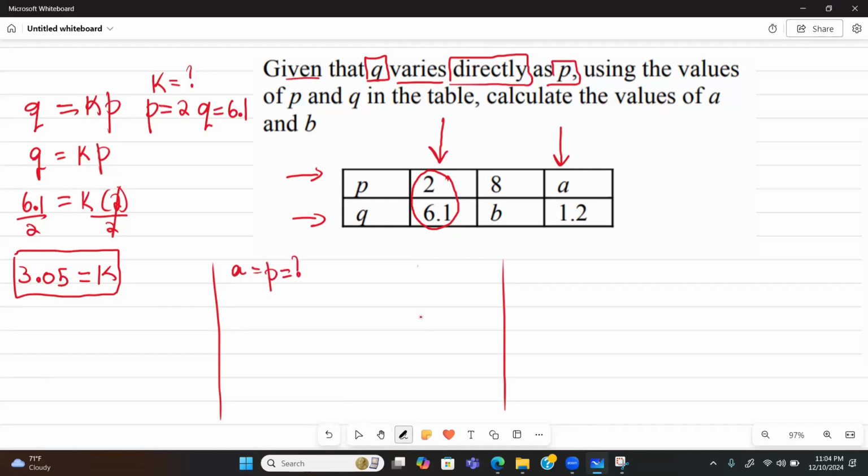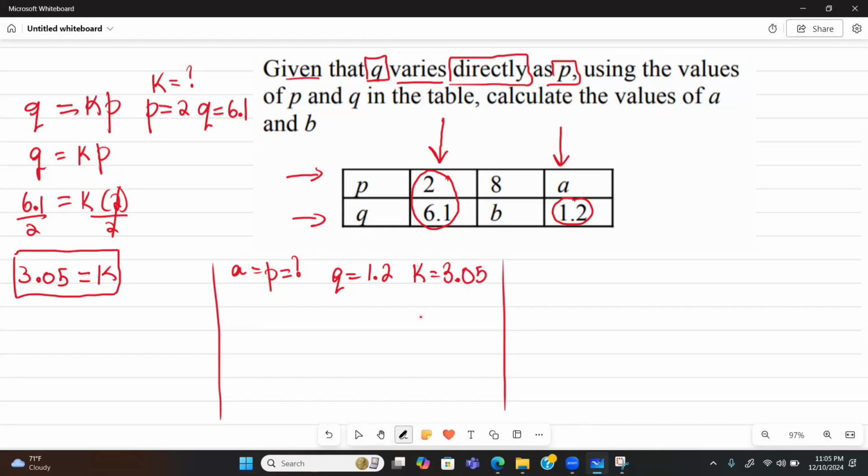What I'm saying is a is in the p row, as you could see. So it's a p-value. The q value that is associated with a is 1.2. What is k? k is a constant. I just found it: 3.05. What I'm saying is that k will remain the same throughout this question. p and q will be changing, and that's fine.